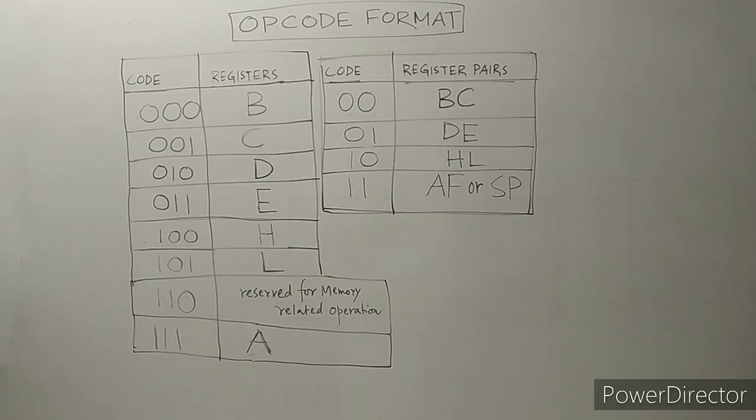If you have code 001, automatically register C will be chosen. Similarly for other codes, some register will be chosen, and for the two-bit codes, some register pair will be chosen. Fine?